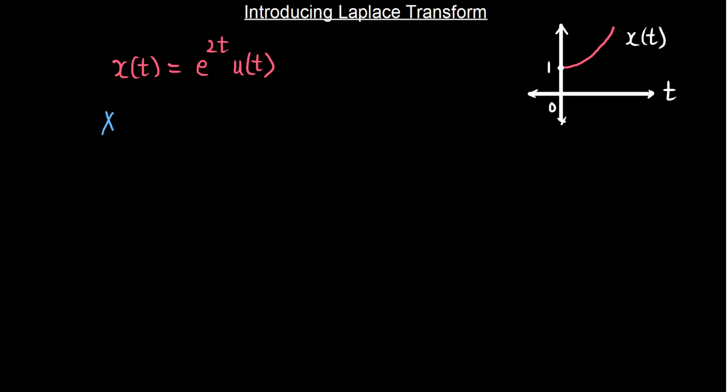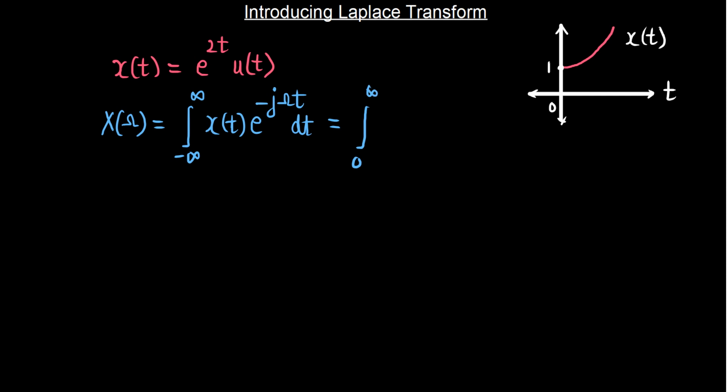From the definition, X of omega equals the integration from minus infinity to infinity of x of t e power minus j omega t dt. That is going to be the integration from 0 to infinity, just because I have multiplied this signal by u of t, so the limits are from 0 to infinity, of e power 2t times e power minus j omega t dt.